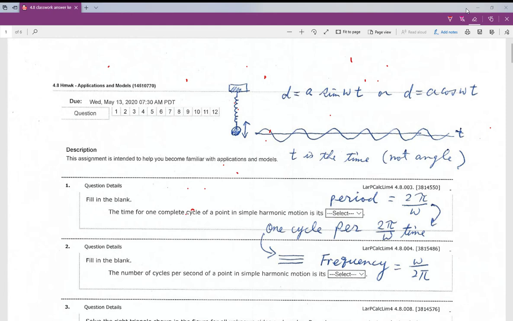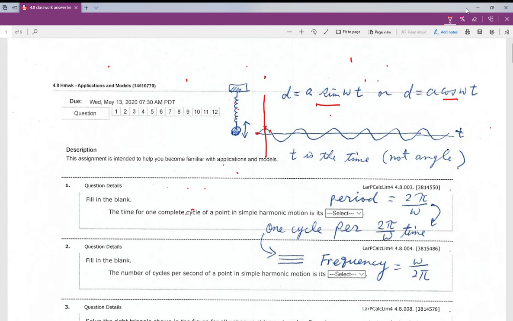Okay, now when you choose sine function or cosine function, this depends on your original position. If it's 0, then you choose sine function. If your original location is not 0, then you choose cosine function or choose another model.